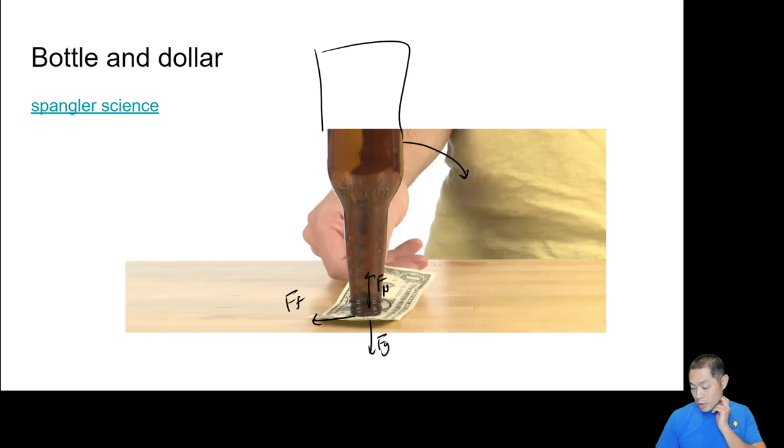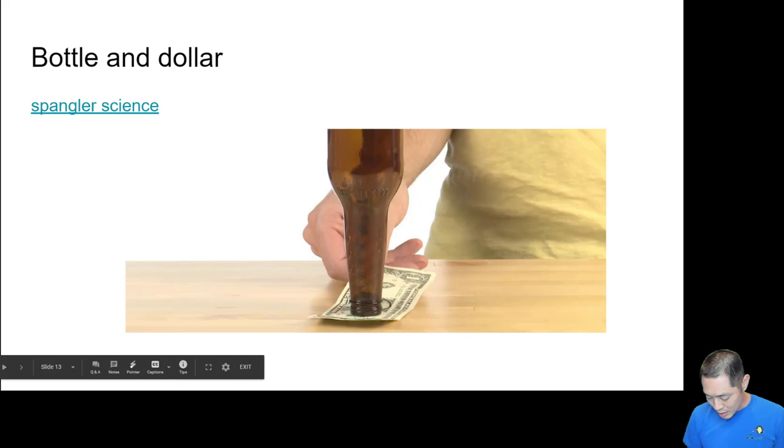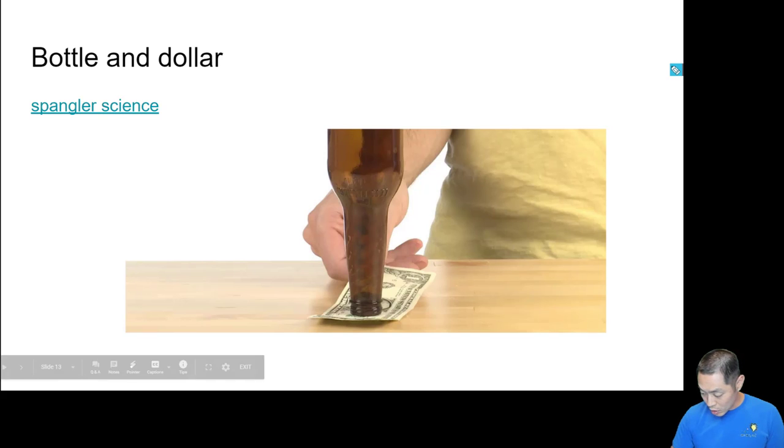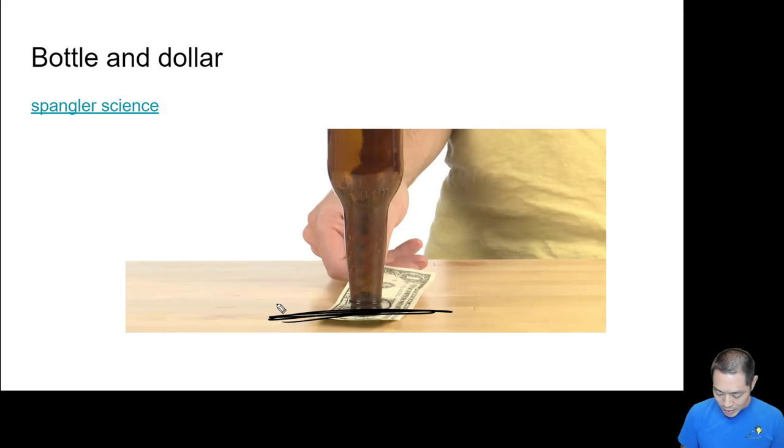Well, the parlor trick is instead of yanking out the dollar, so let's say this is the dollar, my drawing. Instead of pulling it to the left, force applied, I'm going to do something else. I'm going to roll it up, and roll it up until it pushes off the bottle.